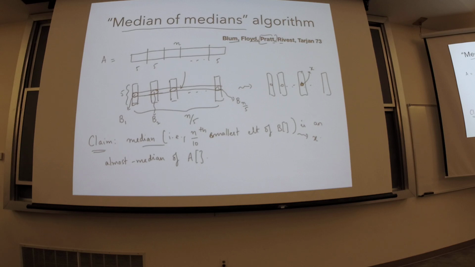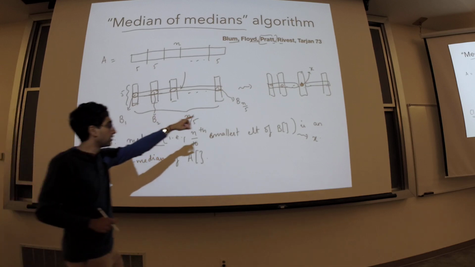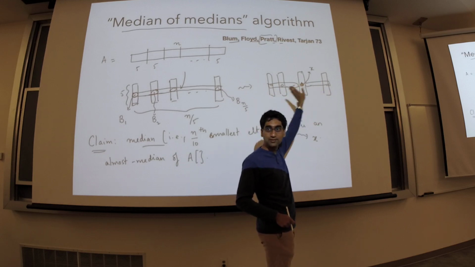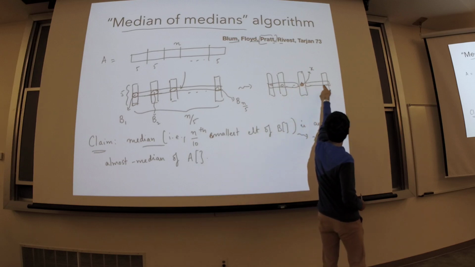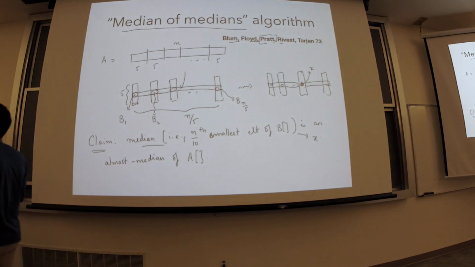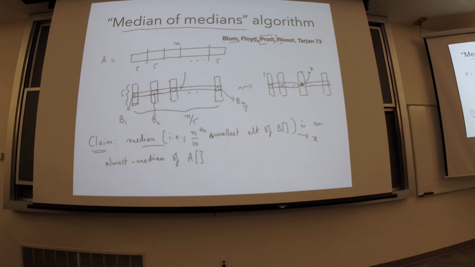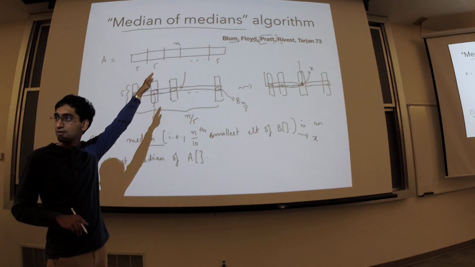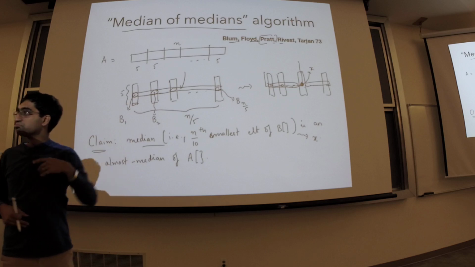All these middle elements here, all of these guys would be less than X because this was sorted. And all of these guys would be more than X. Now what I claim is that means that all of these elements, everybody in that left quarter, are all smaller than X. Why is that?